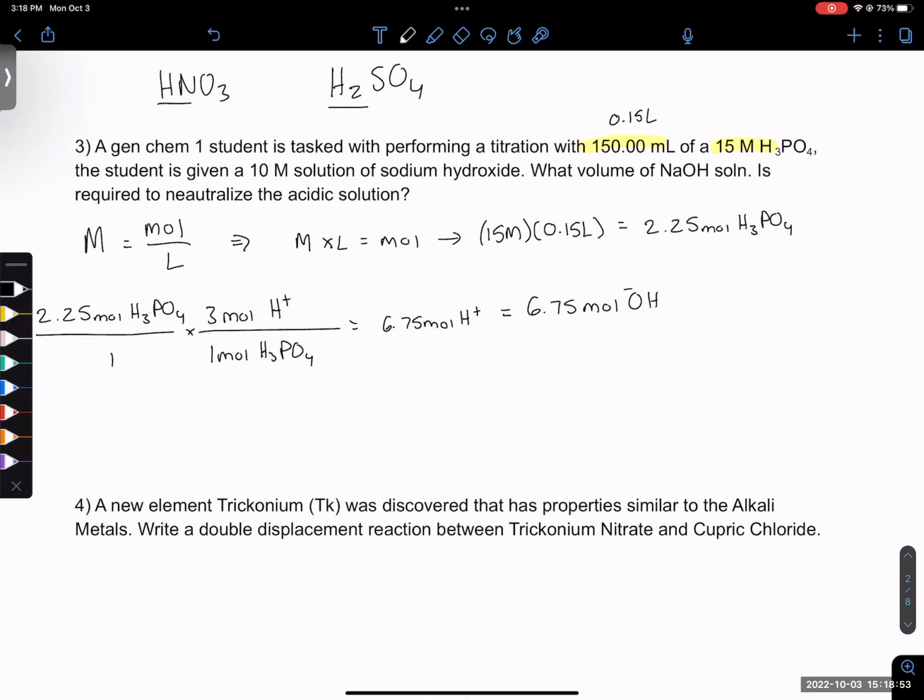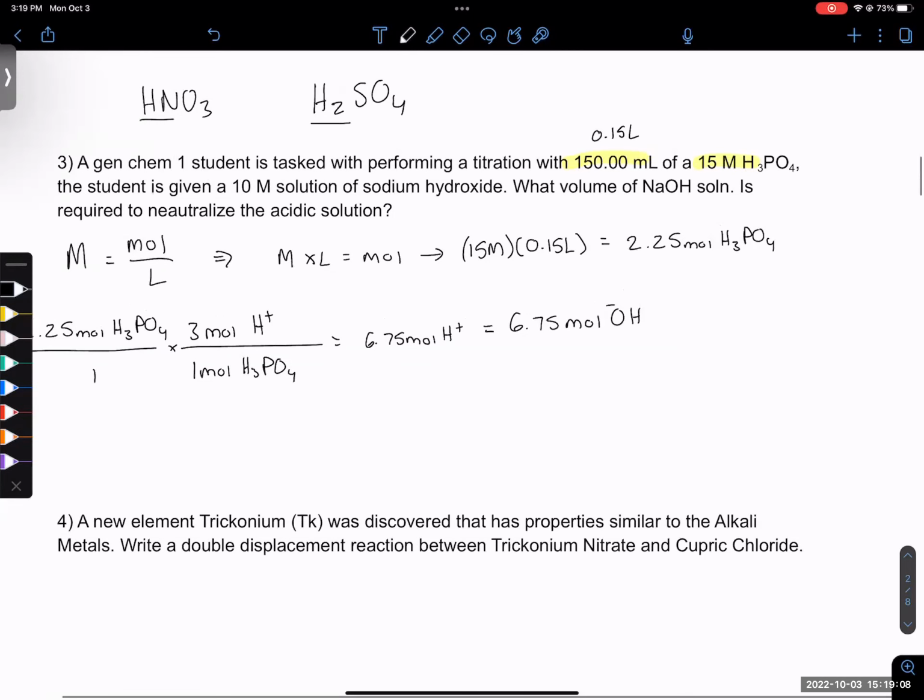And from there, we have our moles of OH minus. Let me try to explain this a little better. For every sodium hydroxide, there's 1 OH minus, right? So it's a 1-to-1 ratio.